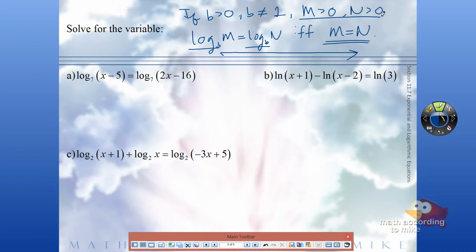So in part A, notice we're all set for operation here because we have log equals log. The coefficients of both the logs are 1, and it's the same base of 7. So according to the one-to-one property right here, we can set the argument on the left equal to the argument on the right.